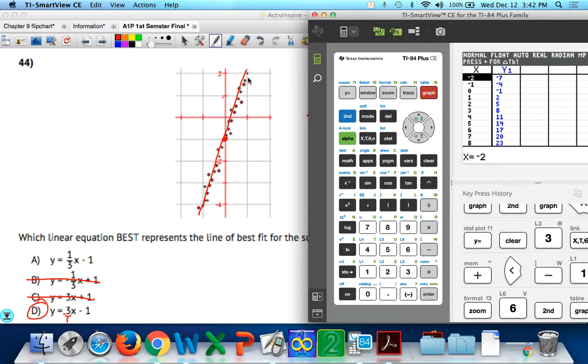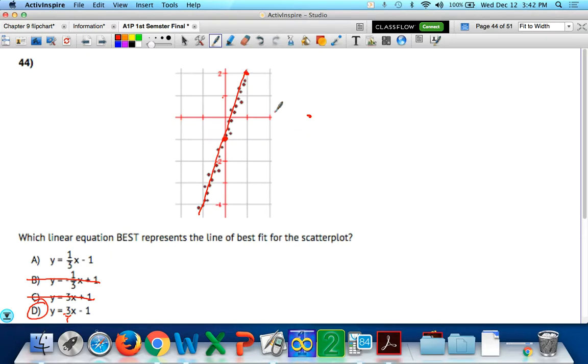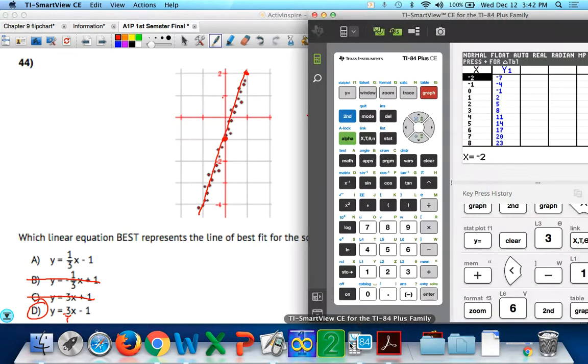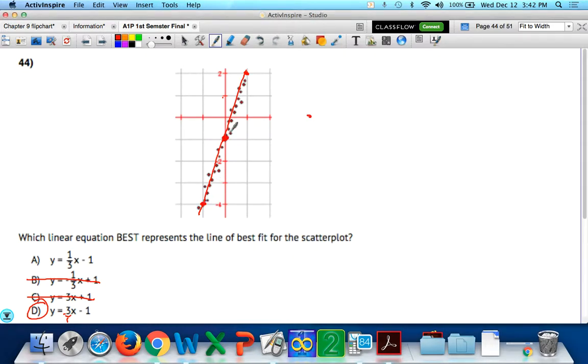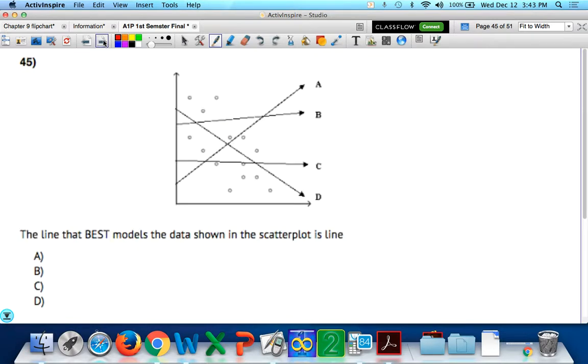Well, 1, 2 is on here. 2, 5 won't fit, so let's go the other direction. Okay, -1, -4. All 3 of these red points are pretty much a part of my data set, my scatter plot. So it seems like that equation is going to graph our data the best out of those 4 choices.